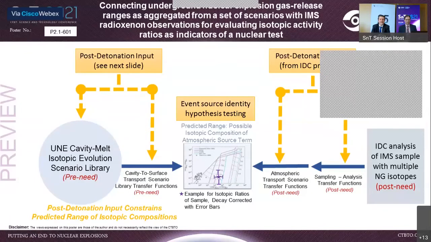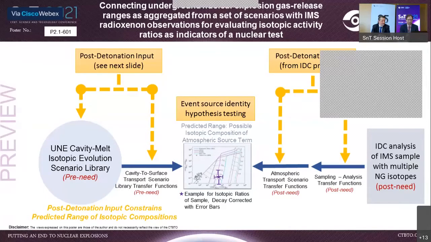This is conceptual work at this moment, intended to connect the underground nuclear explosion scenarios that Lawrence Livermore National Laboratory is developing for all the processes that can happen underground for the formation of the radioxenon isotopes, and also other isotopes, and the transport to the surface. Then we will have a confining boundary of what kind of isotopic ratios could possibly be emitted from all kinds of nuclear test scenarios. This can be refined with post-detonation information later.